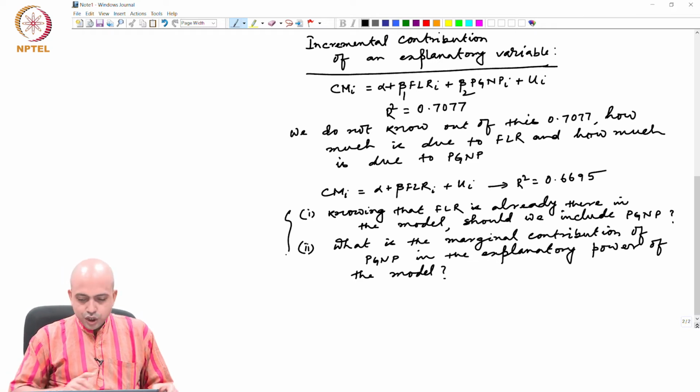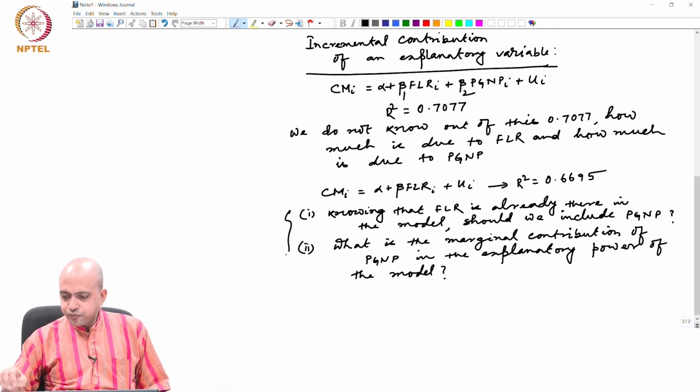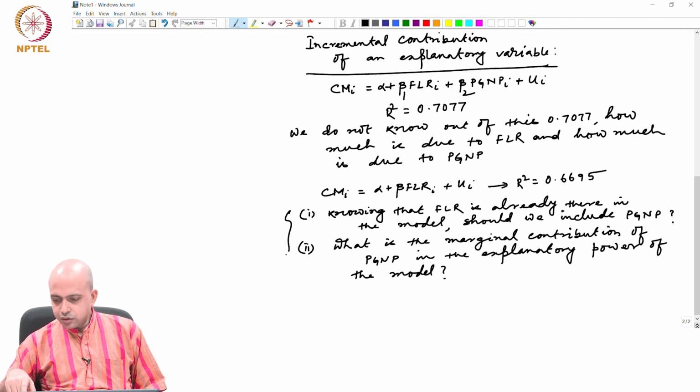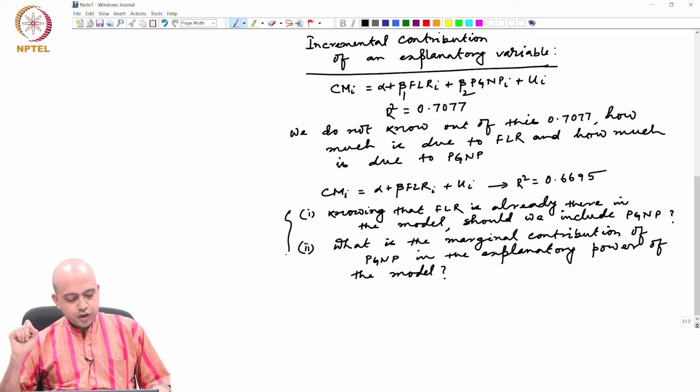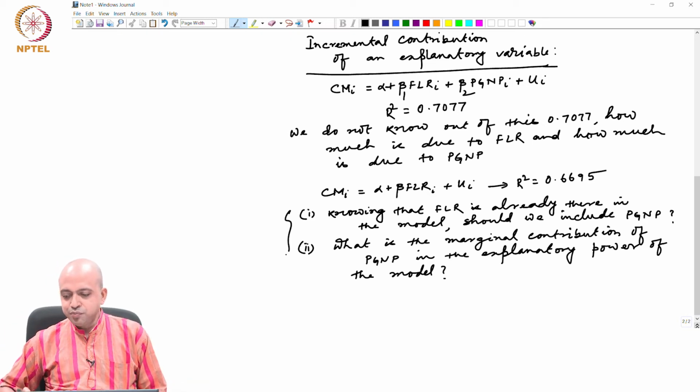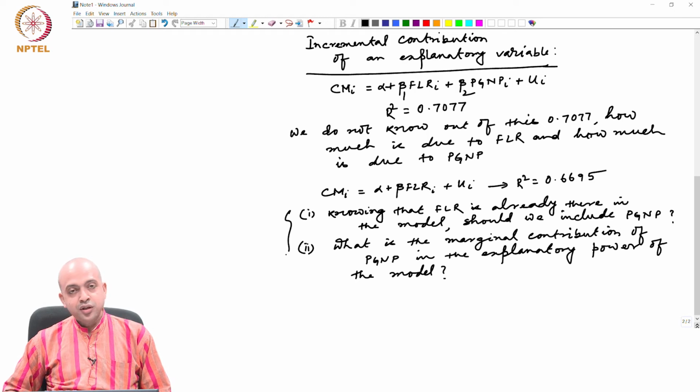So, now if we run this model, the R square is 0.6695, and if we add PGNP, then the R square increases from 0.6695 to 0.7077.